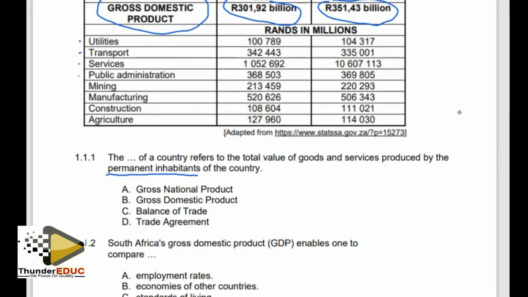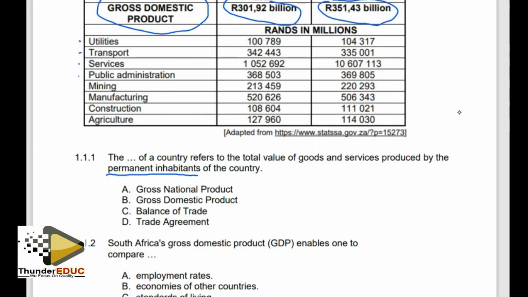So we are focusing mainly on permanent residents and as well the citizens of the country. So this could include citizens who are working abroad or in other countries, and as well the citizens that are working or contributing domestically.